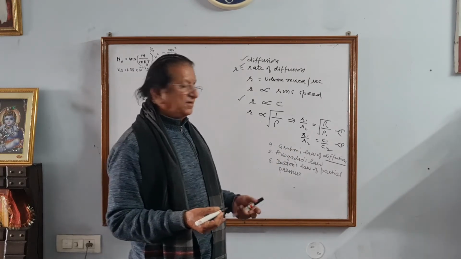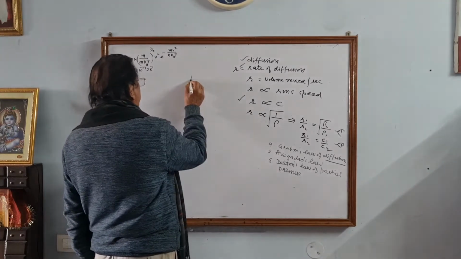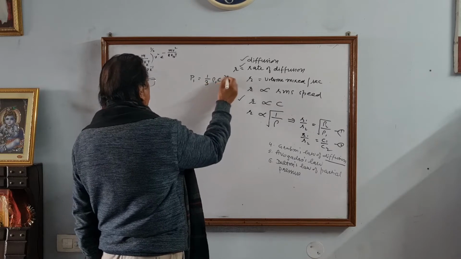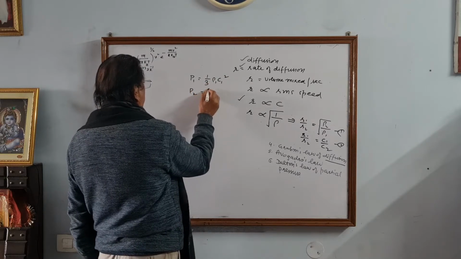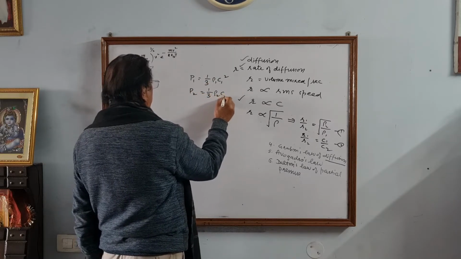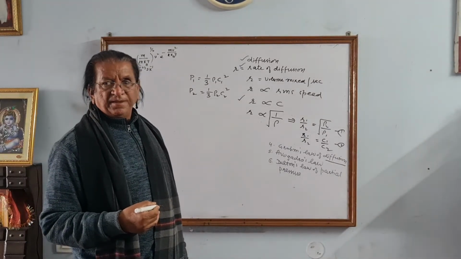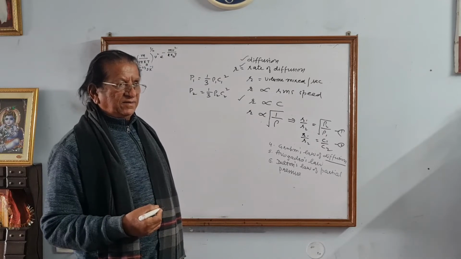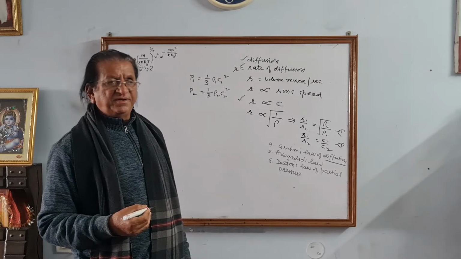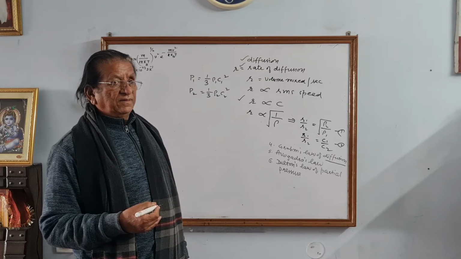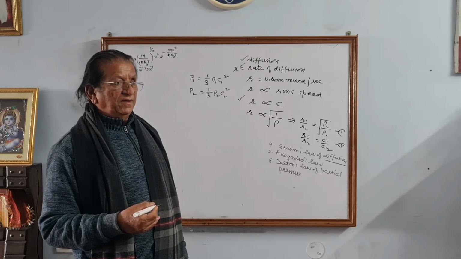तो हमारा स्टार्टिंग पॉइंट ये है, टू गैसेस P1 is equal to 1 by 3 rho 1 C1 square, P2 is equal to 1 by 3 rho 2 C2 square. Two gases with different densities, rho 1 and rho 2, and having different root mean square speeds, C1 and C2. Okay?